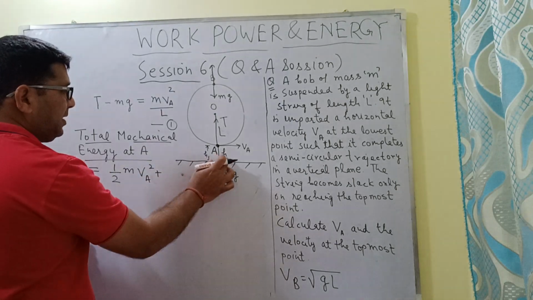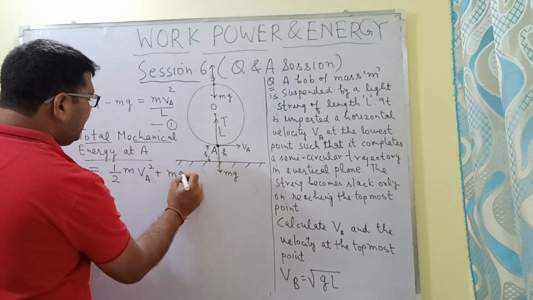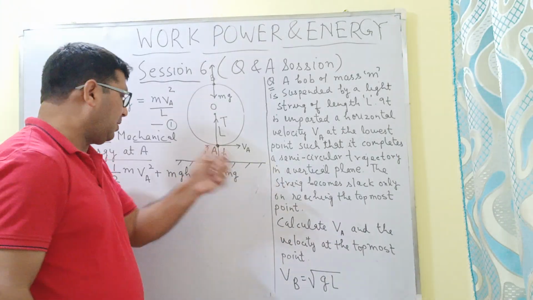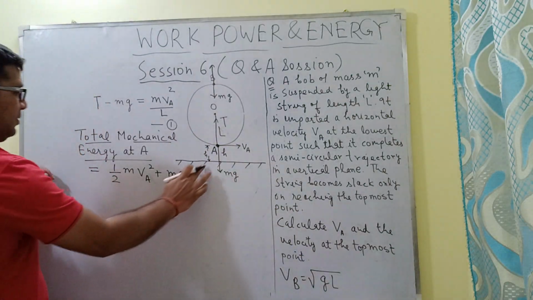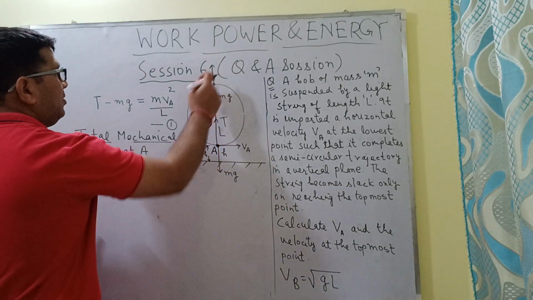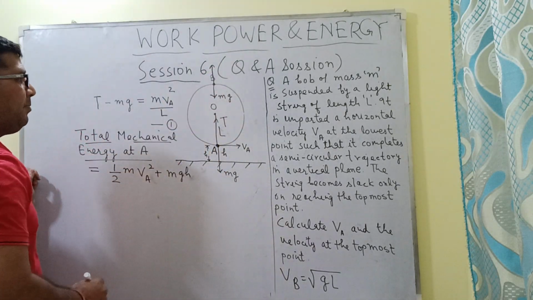The potential energy will be equal to what? m into g into h, where h is the height of this bob from the surface of the ground. So this is the total mechanical energy at A.